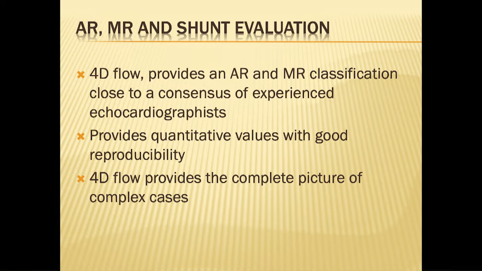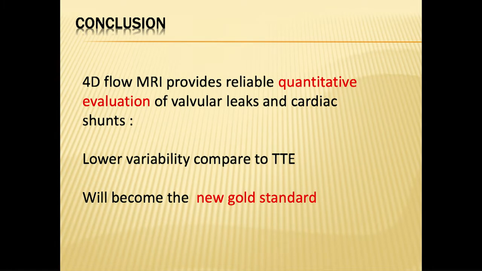It provides quantitative values, which is a huge advantage compared to TTE, with good reproducibility. And in complex cases, especially congenital cases, or in patients with multiple regurgitations, for example, you have the complete picture with 4D flow.